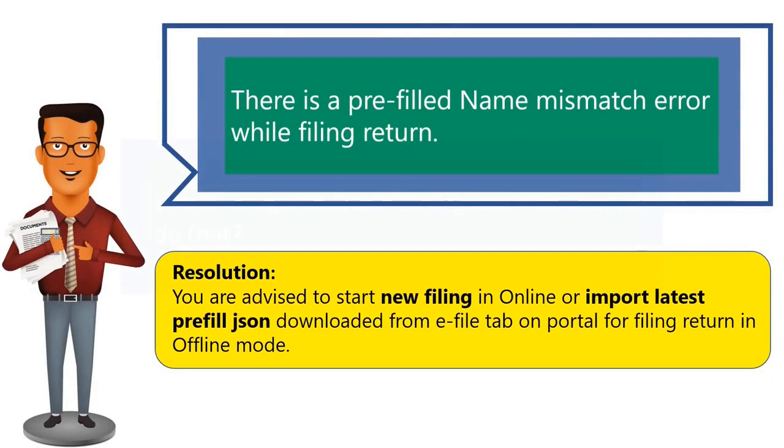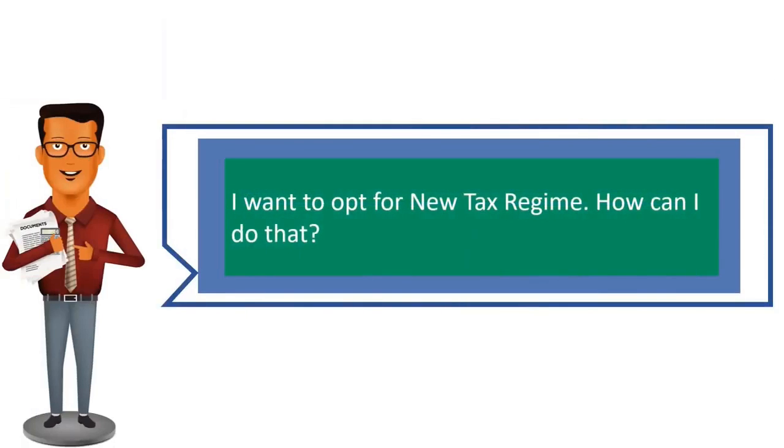In case you are using the offline functionality for the purpose of filing your income tax return, you are advised to import the latest pre-filled JSON from the e-file tab on the portal for filing income tax return in the offline mode. The second issue could be that you want to opt in for the new tax regime, and how should you do that?